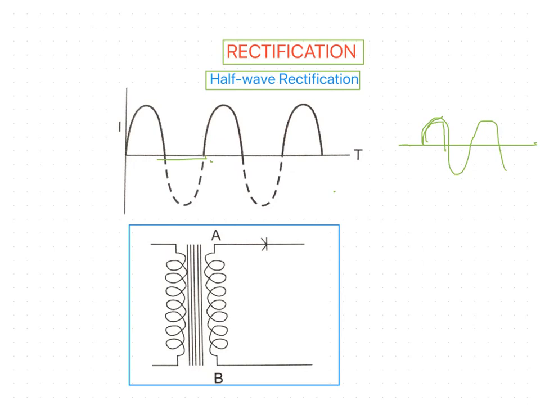Now we will see what actually happens in the circuit. This is a circuit used in half wave rectification. This is the symbol of the metal rectifier, and the arrowhead indicates the direction of flow.